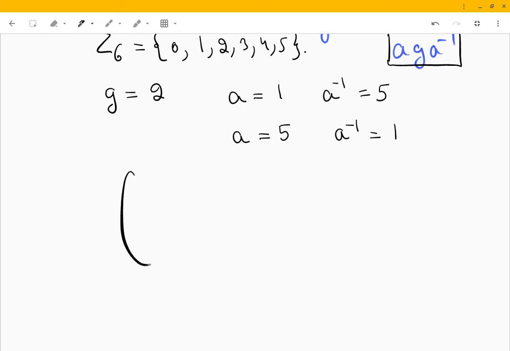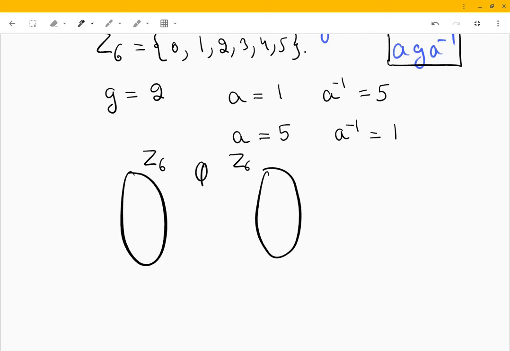So if this is Z6, this is again Z6, and let's say phi is the isomorphism, the function that we have defined. For the sake of differentiation, let's take A1 and A1 inverse, and this has A2 and A2 inverse. So A1 G A1 inverse gives us 1, 2, 5.